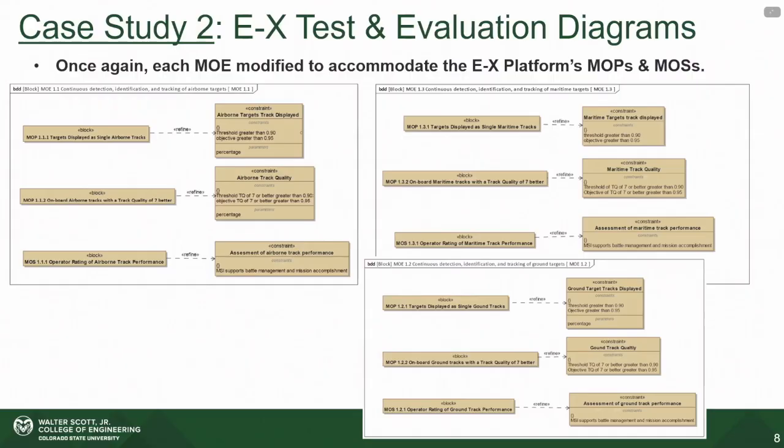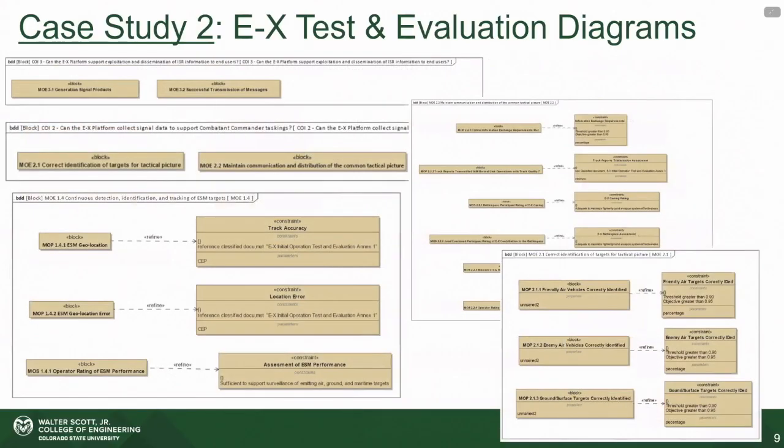What you see in the next set of slides are all of these MOEs being broken down into the individual MOPs as they go along. And as you can see, because the EX platform is a little bit more complex, we see more COIs, more MOEs, and more MOPs and MOSs as we go along.